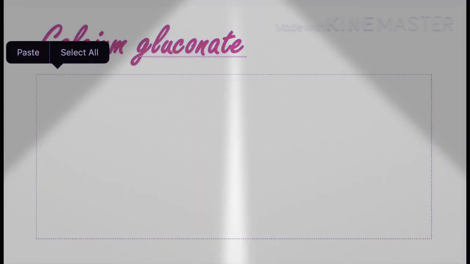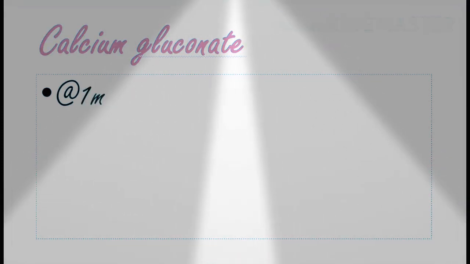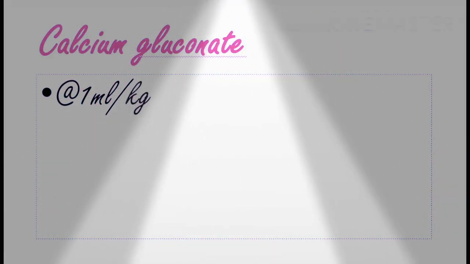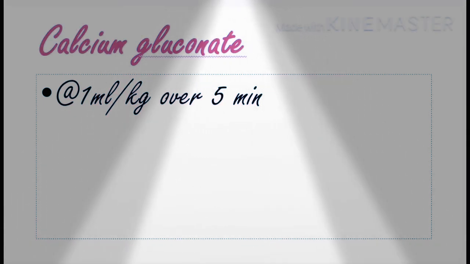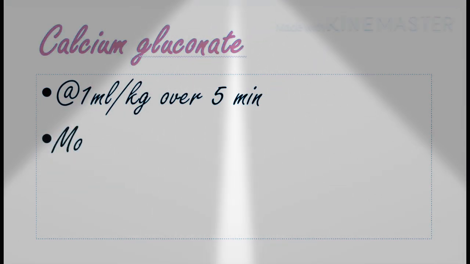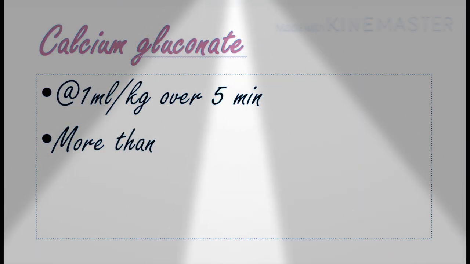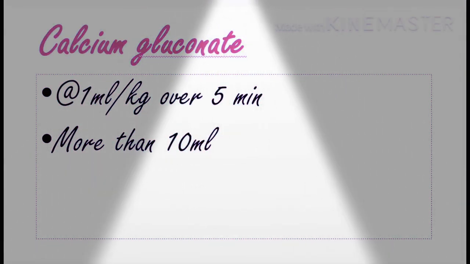Calcium gluconate is given at a dose of 1 ml per kg over 5 to 10 minutes, and the dose should not exceed 10 ml. So this stabilizes the cardiac membrane.